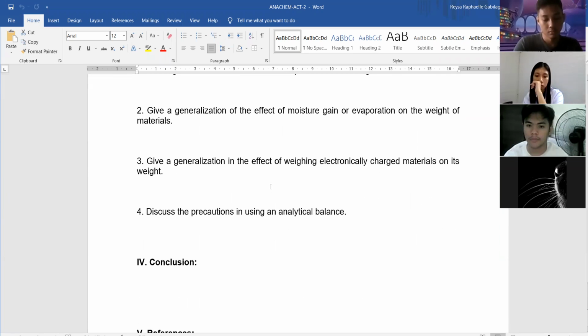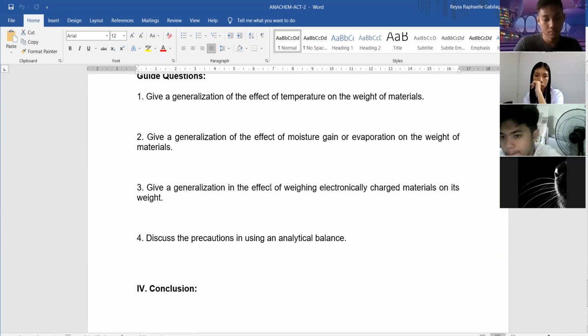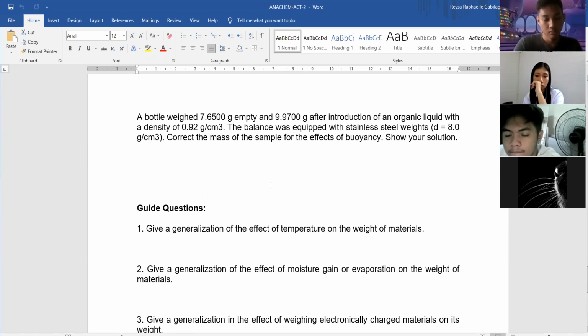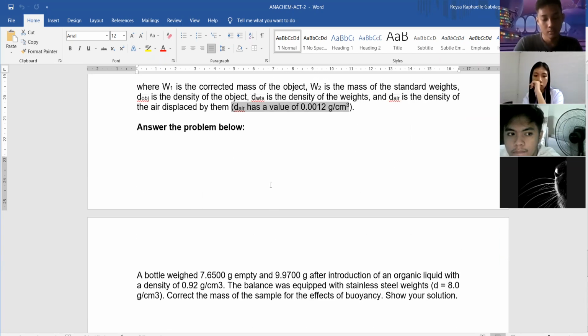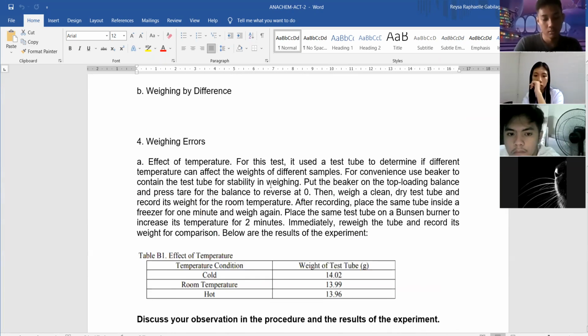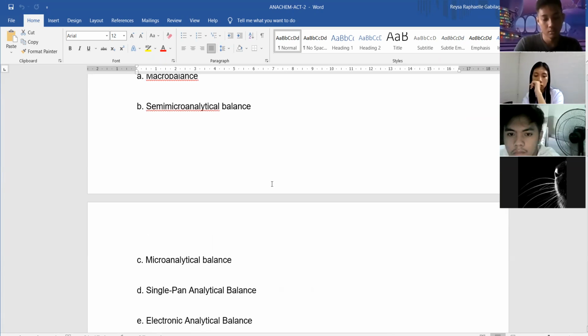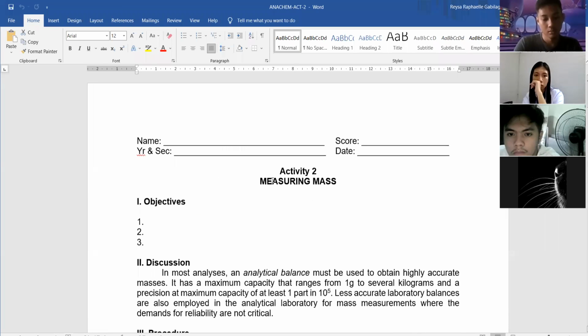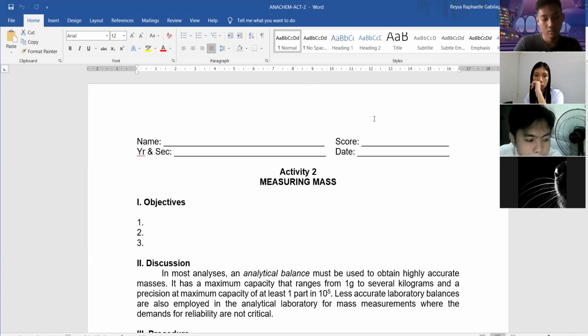And then you have to compile your answers and save it in PDF na format, and for PDF na format yung ipapasa nyo sa akin para hindi siya masira. Hindi siya mag-rumble-rumble. Kaya lisod kayo siya pangitaon kung wala naka PDF format. So please do this activity for the whole 3 hours para hindi kayo mag-cram sa deadline.